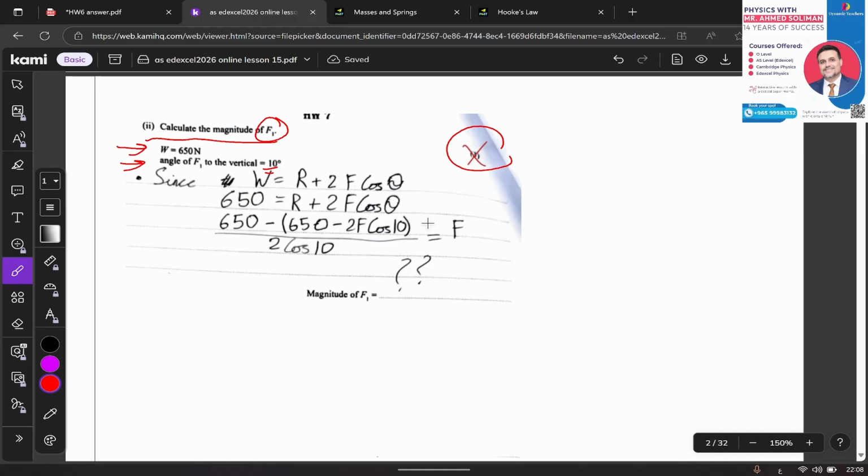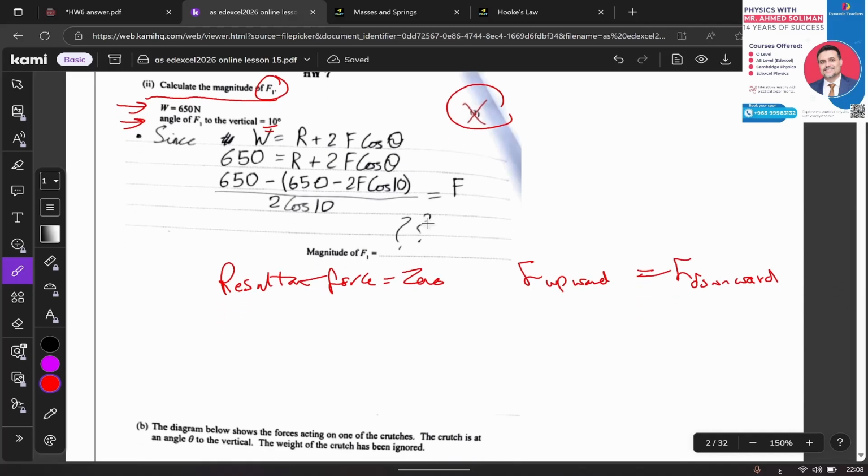So we can say resultant force equals 0, right? Which means F upward equals F downward, right? So now what is the force downward?